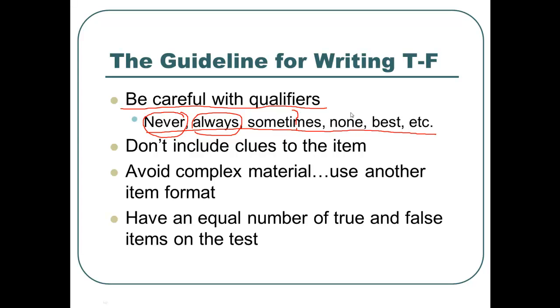None. Okay, we can pretty much figure that one out. Best, well, what I think is best might be what you don't think is best. So be very, very careful using these words in a true-false statement. And also don't include any clues in the item to let them know whether it's true or false.